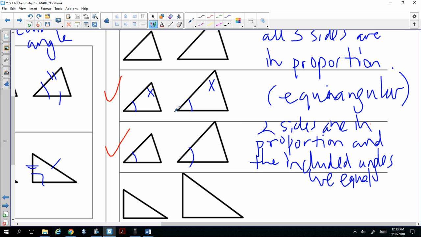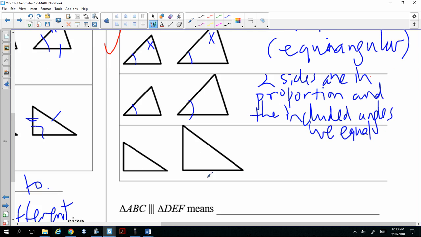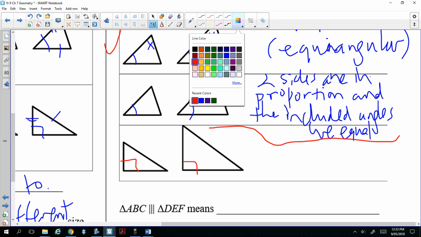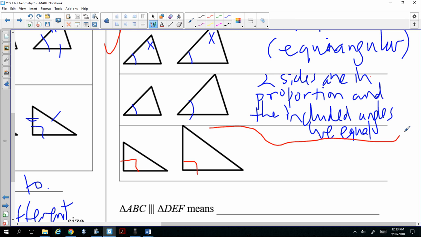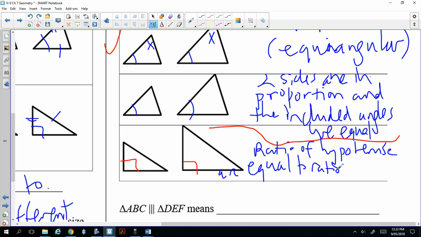And then we'll do the last bit, which is both right angles. You see that they're both right angle triangles, and you will say the ratio of hypotenuse is equal to the ratio of the two shorter sides of a right angle triangle.